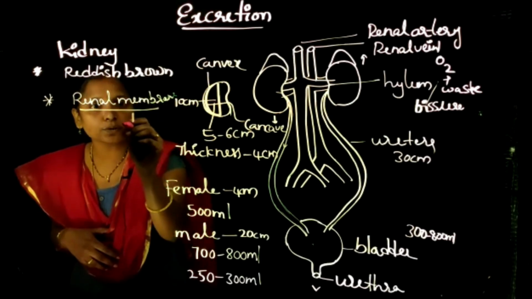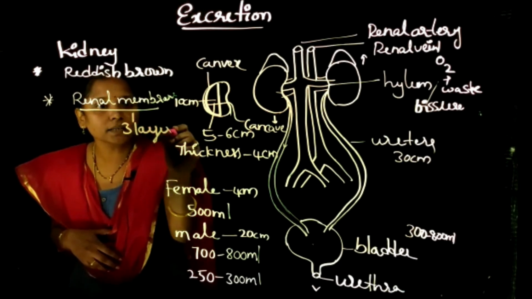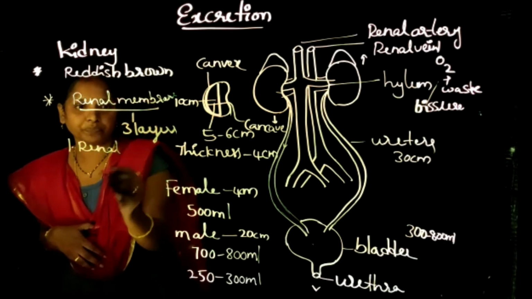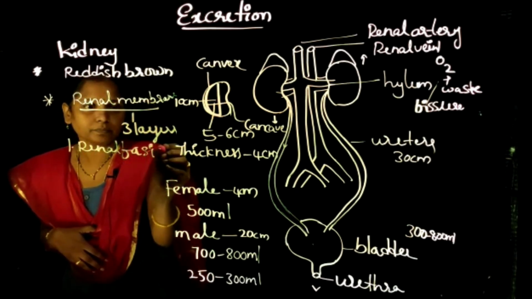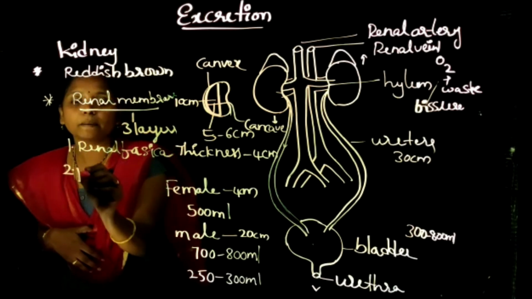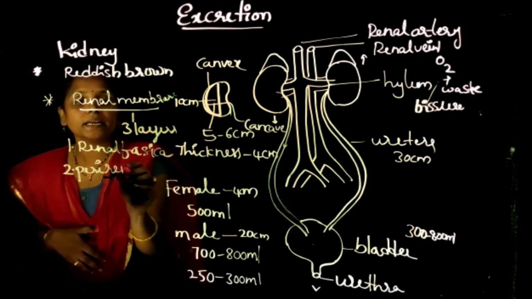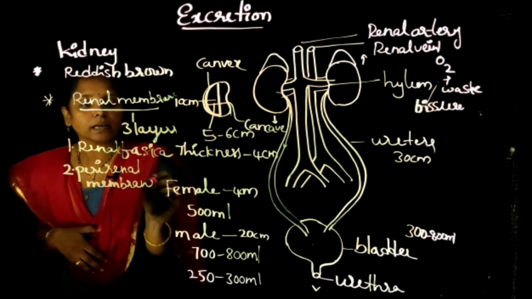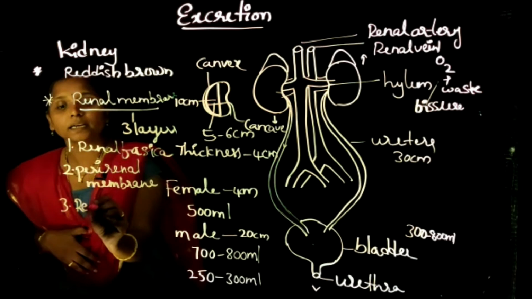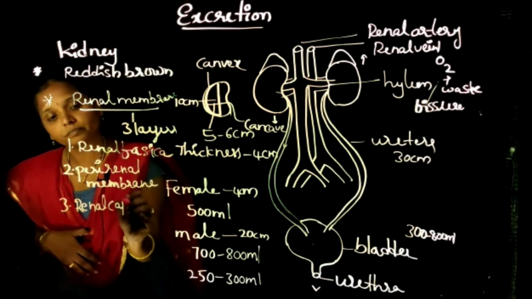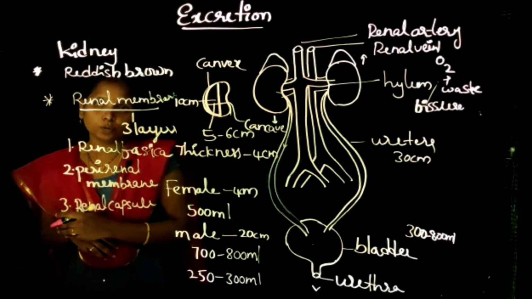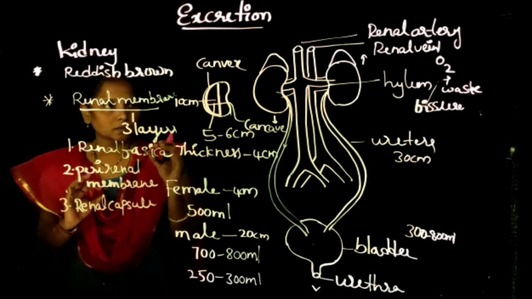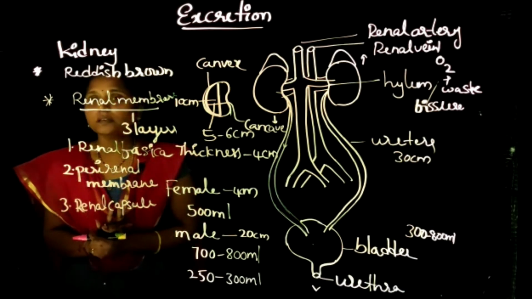The renal membrane consists of 3 layers. The first is the renal fascia, the second is the perirenal membrane, and the third is the renal capsule. These three membranes together work as a protective covering of the kidneys.